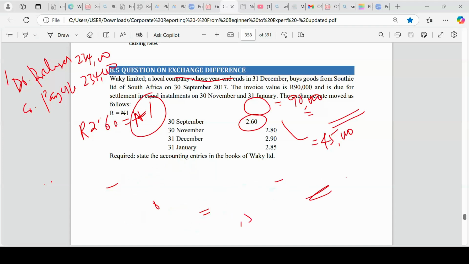So what I should have done here on 30th September is to say 90,000 divided by 2.6. All right.